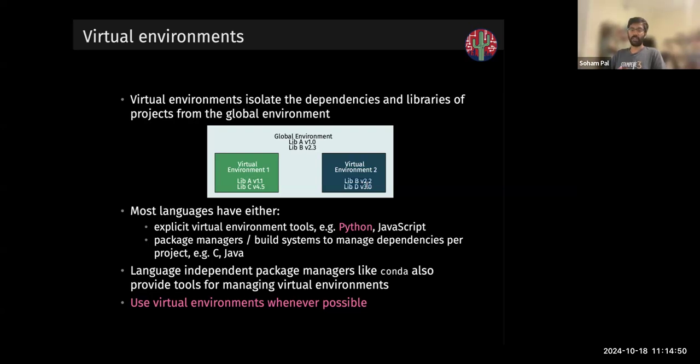And there are also tools like Conda, which can manage virtual environments. So my suggestion to you would be that if you're using things like Python or R, then try to use virtual environments if you can, because they ensure that your libraries and dependencies don't conflict with others.